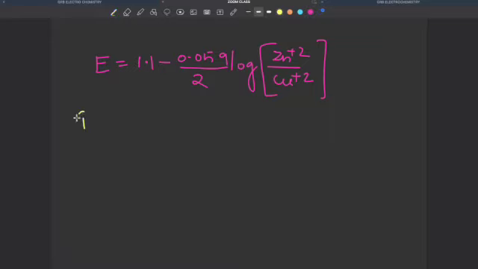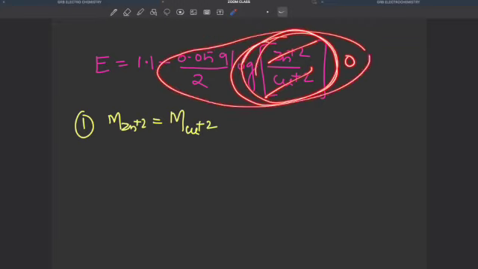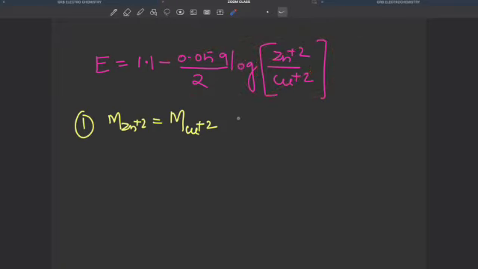Case 1: if the molarity of Zn plus 2 equals the molarity of copper plus 2, what happens? These 2 get cancelled out, you end up with log 1, and log 1 becomes 0. That means this entire term becomes 0, so E becomes E naught cell. Hope you understand this.